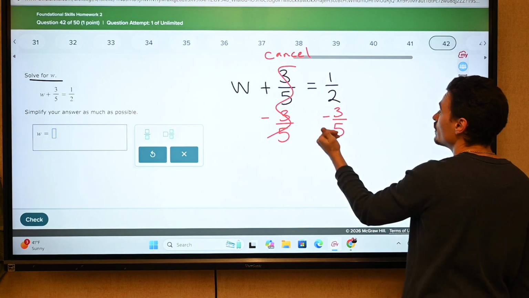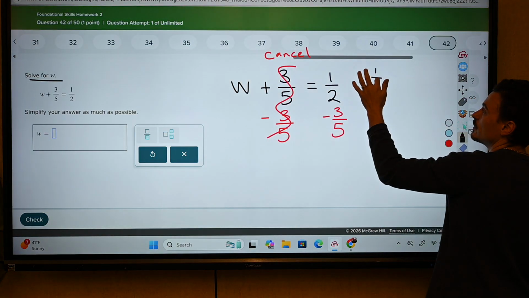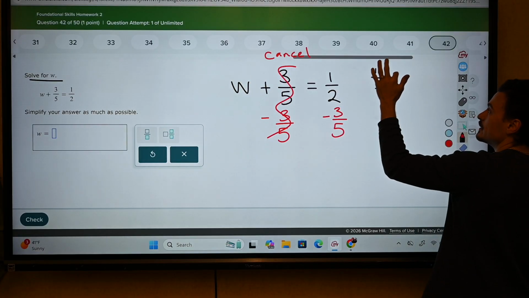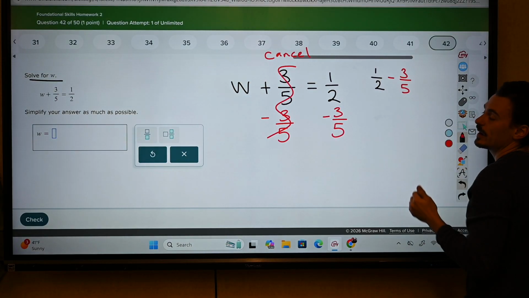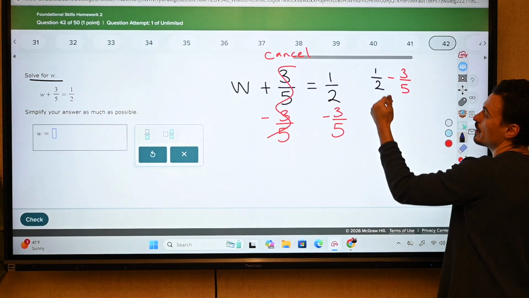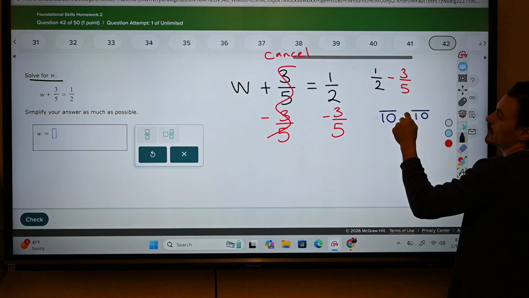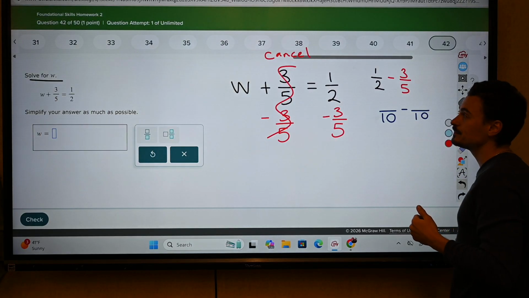Now we have 1/2, which is in black, minus 3/5. So we have to find a common denominator. Our common denominator would be 10, because 2 times 5 is 10.